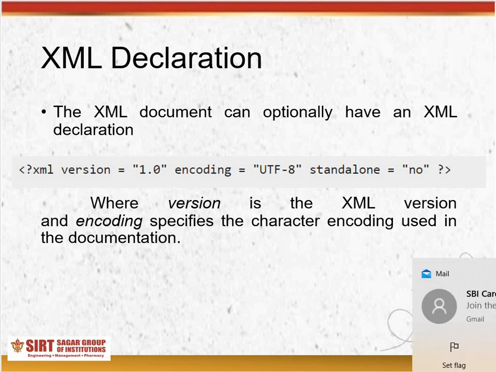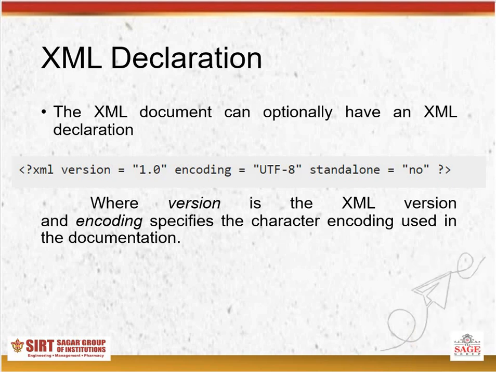Actually, it is not very important to provide the declaration, but if you provide it, it should be in the correct manner. The XML version will be specified first under the tags, that is 1.0. Then the encoding element comes.